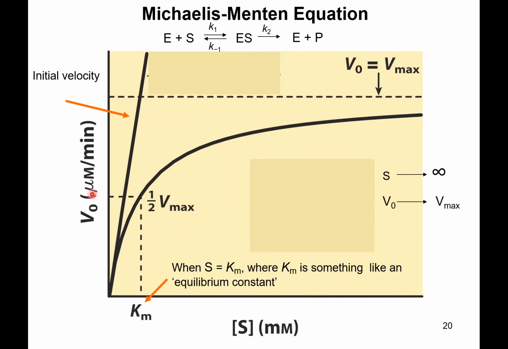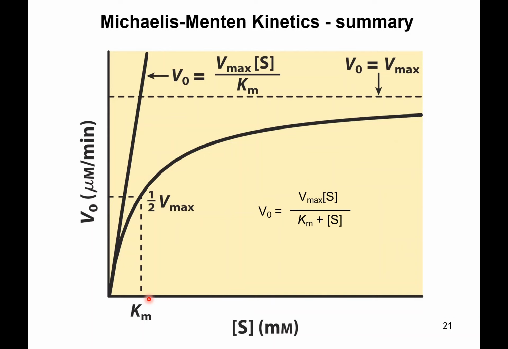Okay, and when S equals Km, or I should say when V naught is half of Vmax, that substrate concentration is Km. Right, and so in these cases, this would be the case of very low substrate concentration.